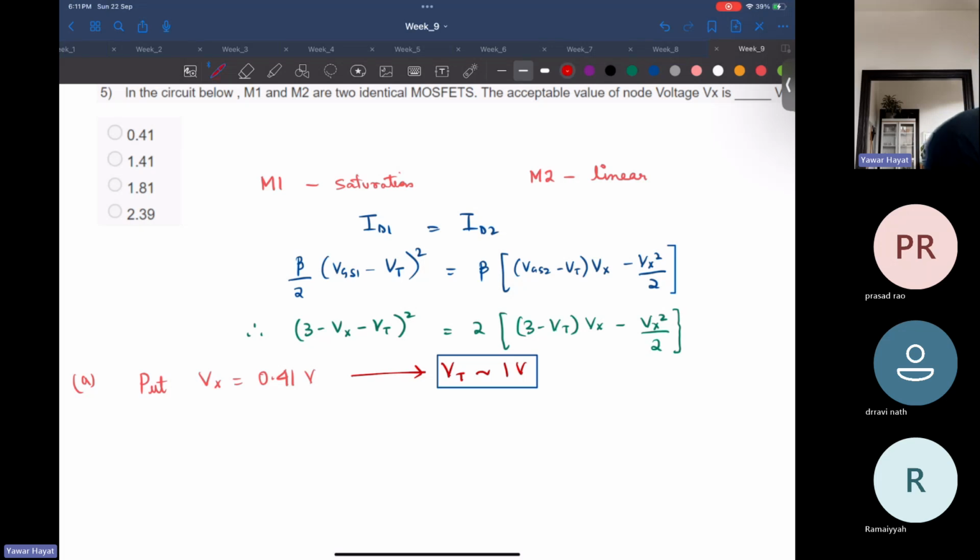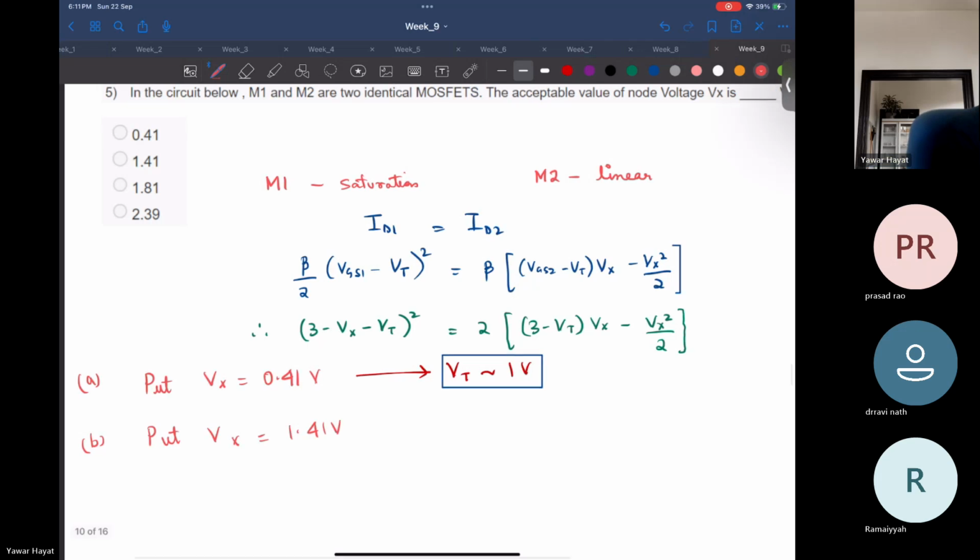Wait, I should write this one so that you are able to follow. Part B, I put Vx equal to 1.41 volt. What do I get?